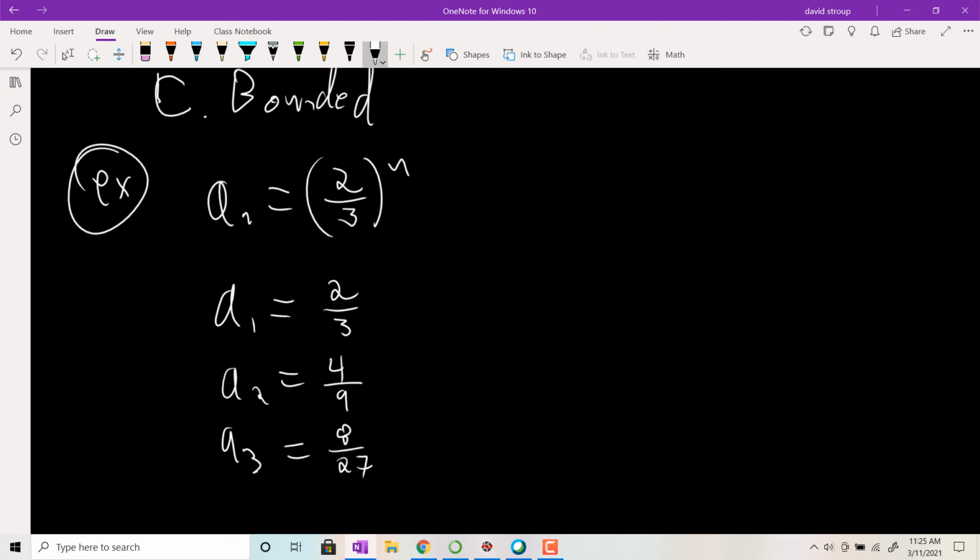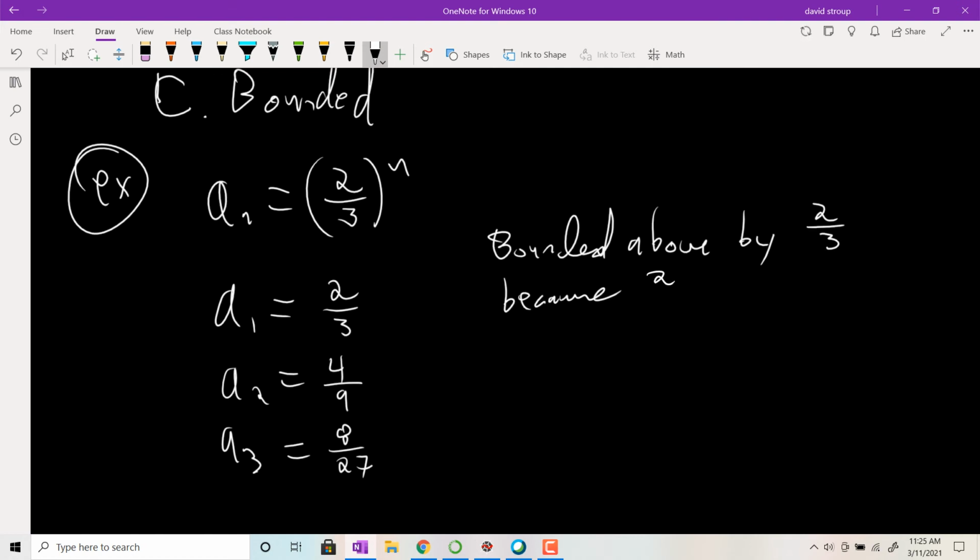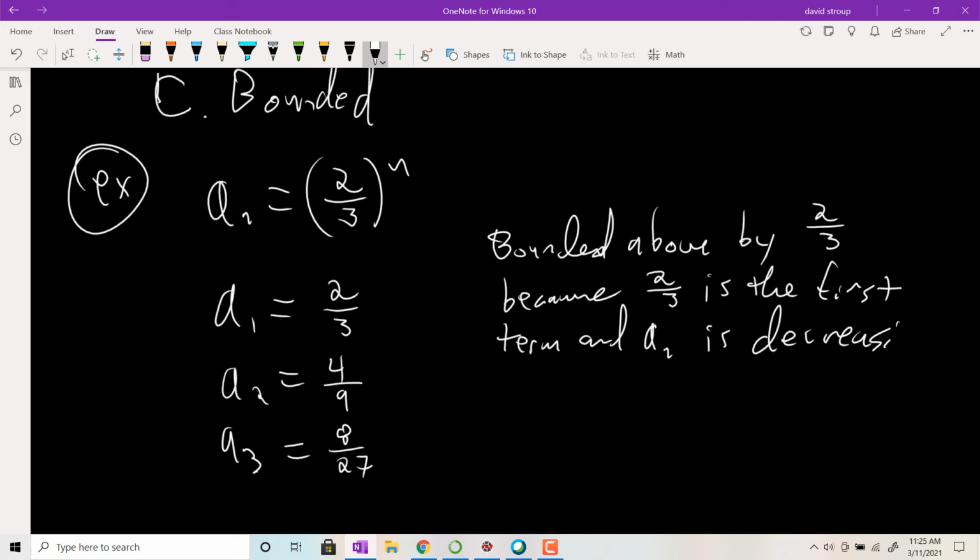You know it's decreasing, so it's definitely bounded above by 2/3. Okay, we proved it was decreasing above.